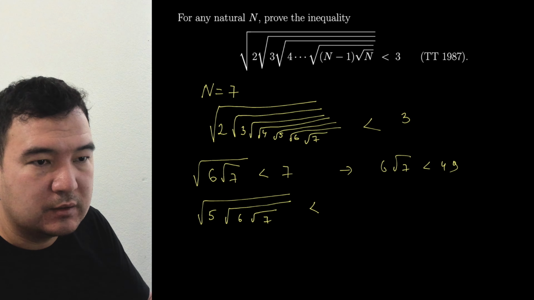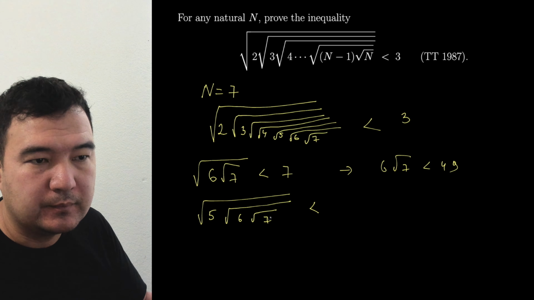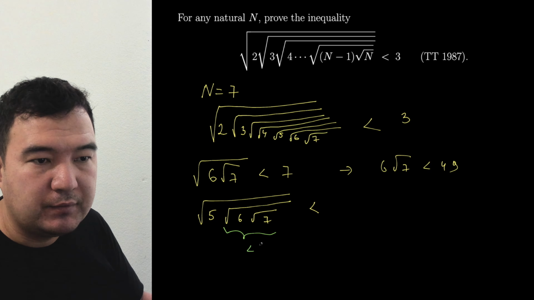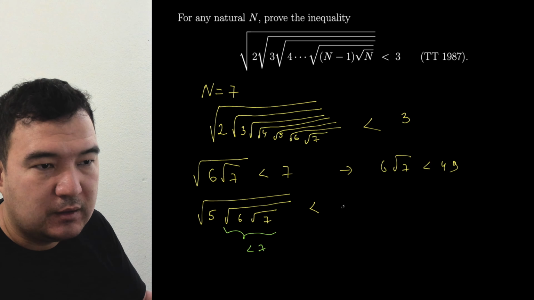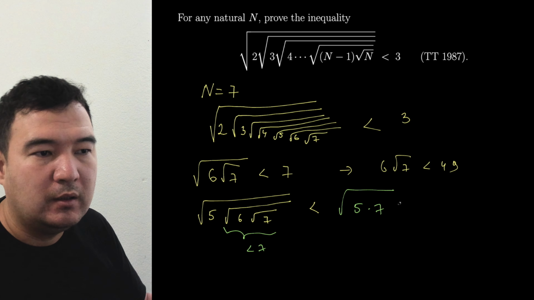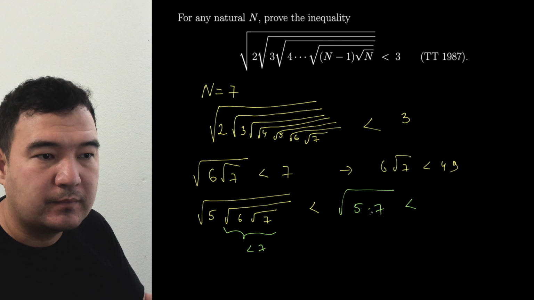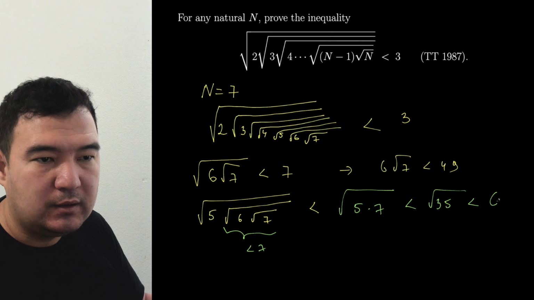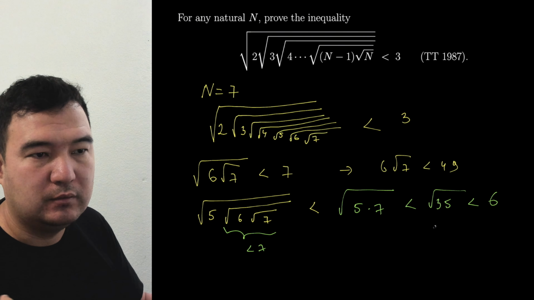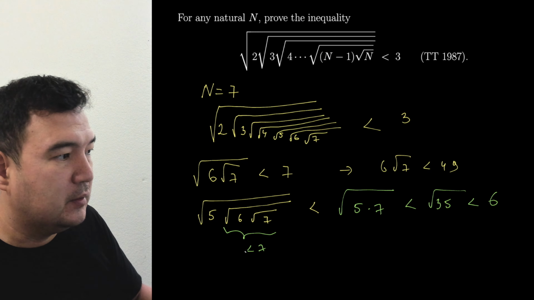That's true because this part of the expression is less than 7 from the previous step, right? So this expression is less than 5 times 7, which is 35, square root of 35, which is less than 6. So we have the proof of that.